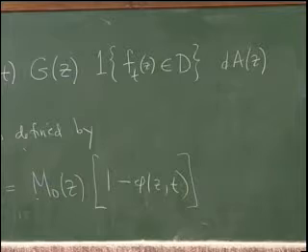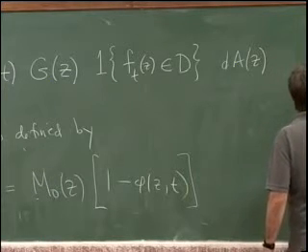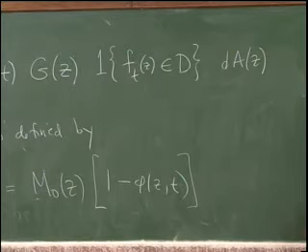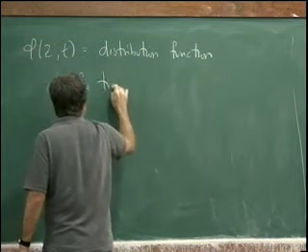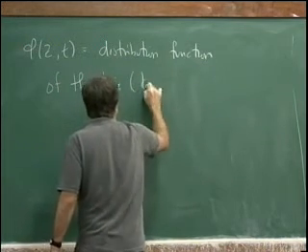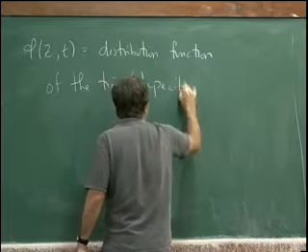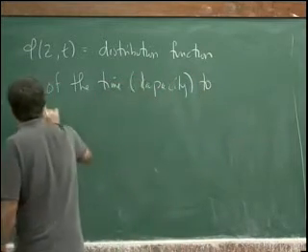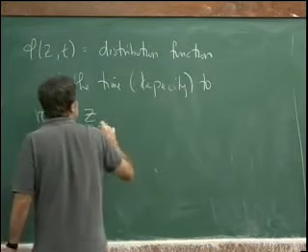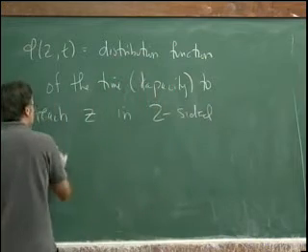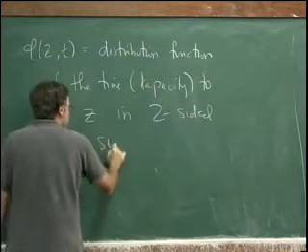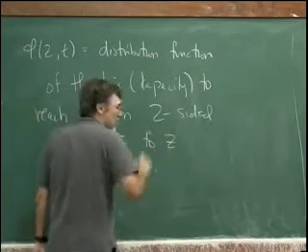It is also, so phi(z,t) is also the distribution function of the time in capacity, so the capacity amount of time to reach z in two-sided radial SLE to z.